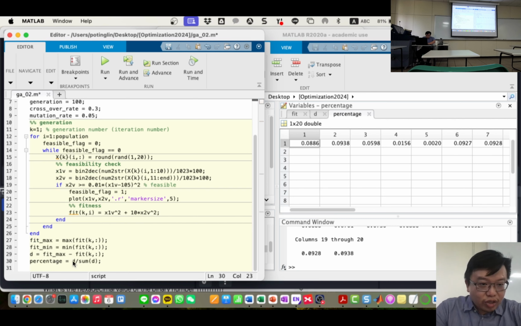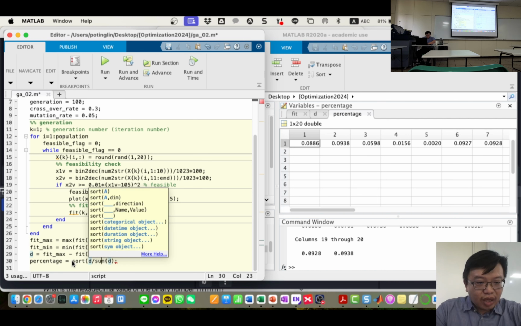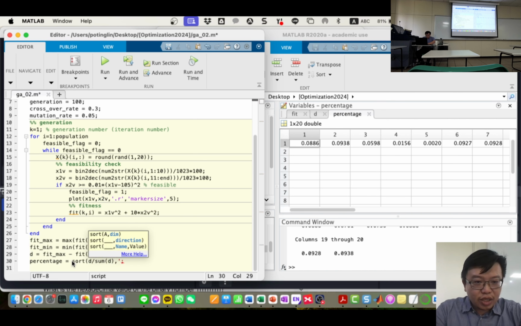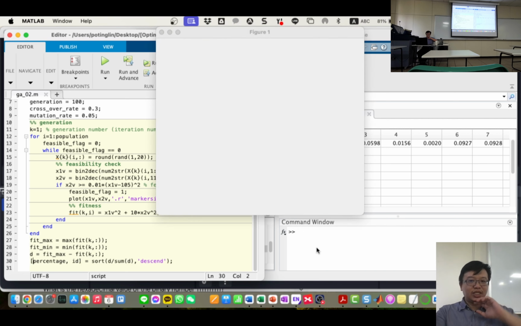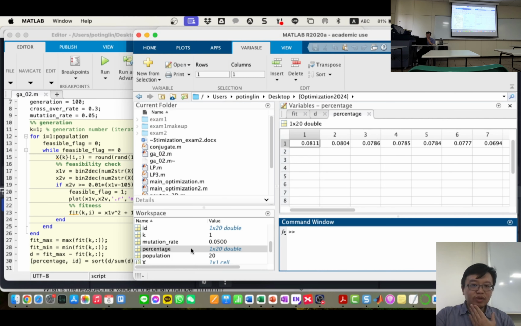So if I sort, but I'm sorting in descending order, so the largest one goes first. Let's see. The percentage right now is being sorted.